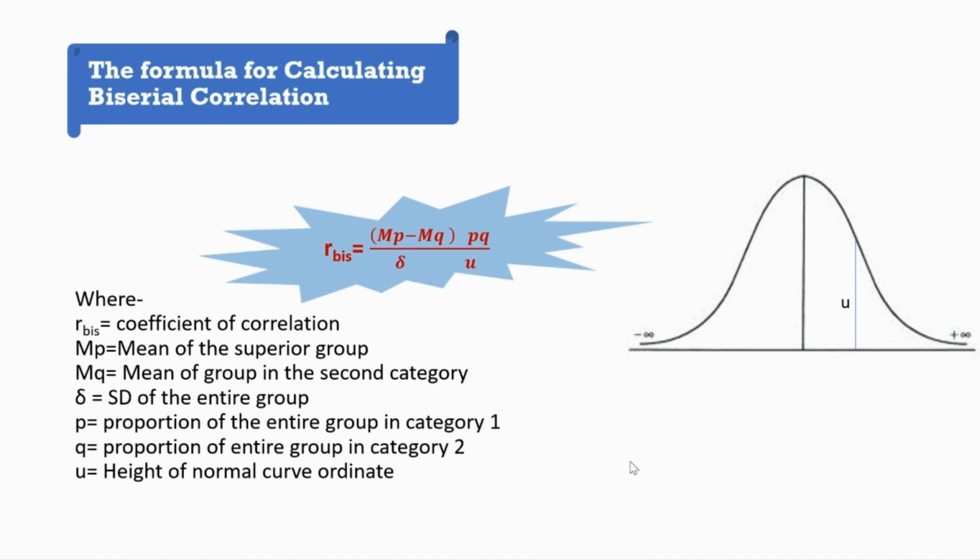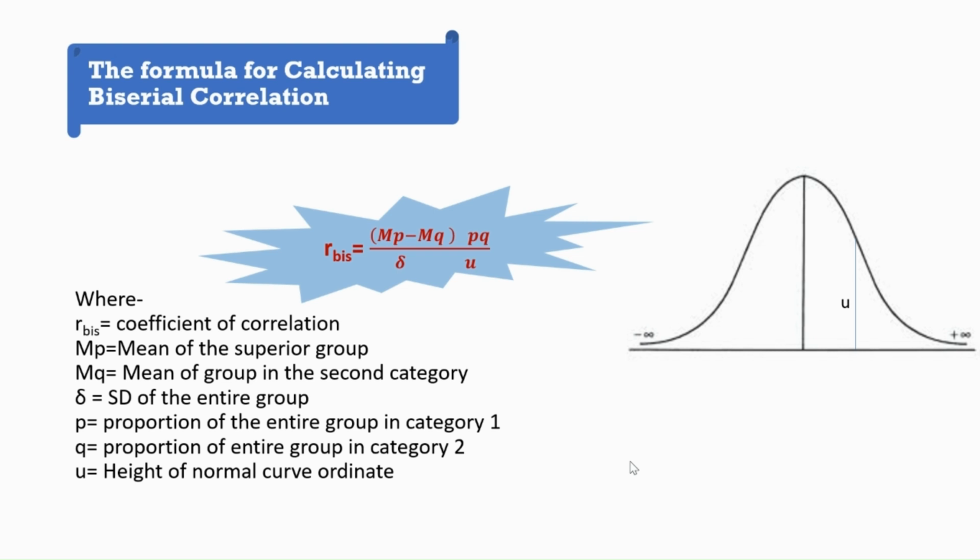r biserial, as we know, is the coefficient of the correlation, and Mp is the mean of the superior group. It means we divide the group into two parts. One group is the superior group and another is the second group, and the mean of the first group, that is the superior group, is Mp, and similarly the mean of the second group is denoted by Mq.